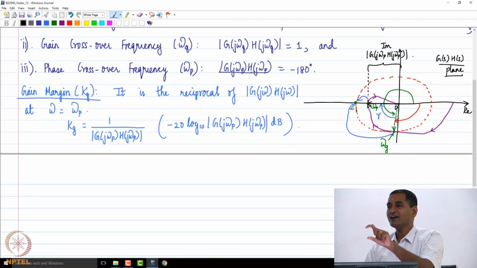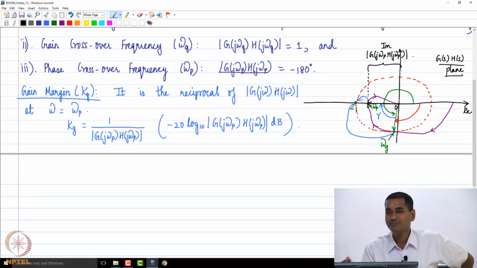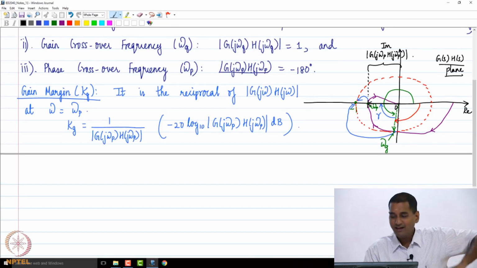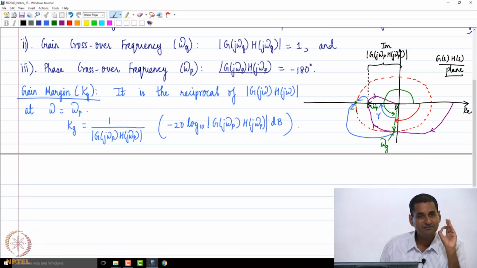Now, let us say I calculate the reciprocal of this number and multiply the entire open loop transfer function with that number. What is going to happen? This entire curve is going to be scaled and this point at omega p will now go to minus 1. That means that the system is being pushed to the verge of instability. That is why it is called gain margin.